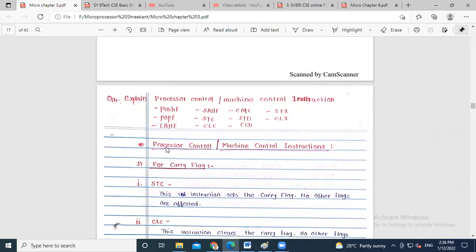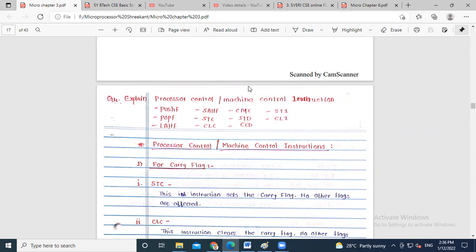So in that I have to take the next topic, that is processor control instructions, or we say machine control instructions.